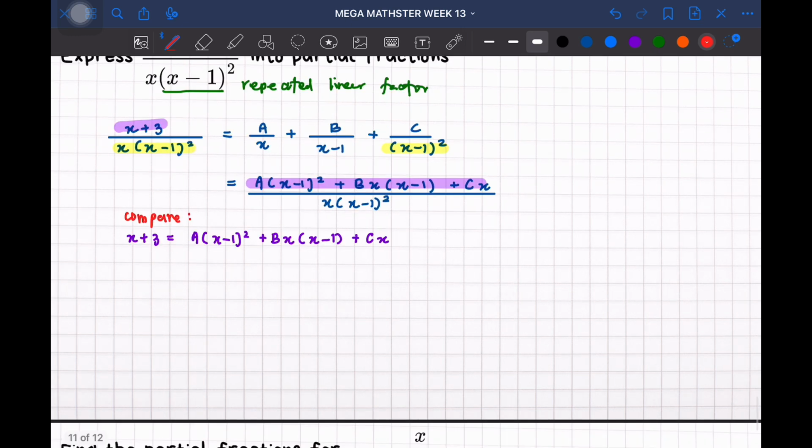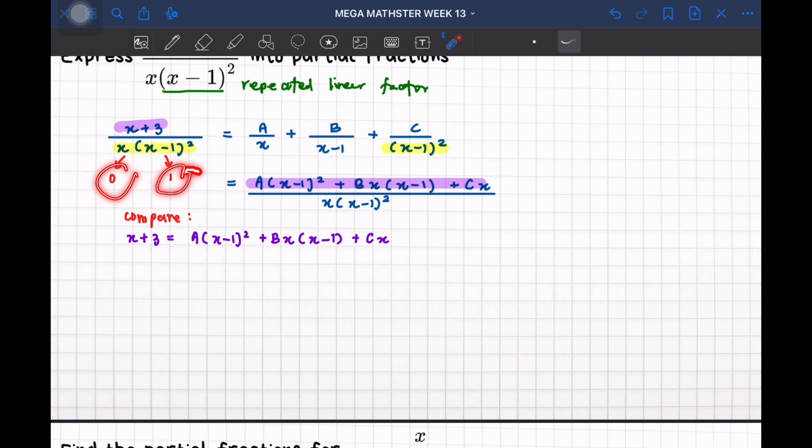Okay, and then we are going to choose some values to help us find the value of A, B, and C. Okay, so the first value that we can use is from this one, x. From x we can get the value of 0, and from x minus 1 we can use the value of 1. Right, but then we have three unknowns over here. We have A, B, and also C, which means that we need to use three values. So we only have two values over here. So for another value you can use any value that you want, right?